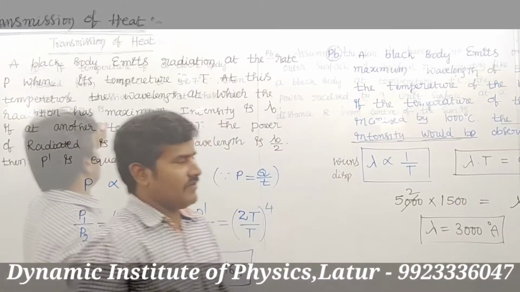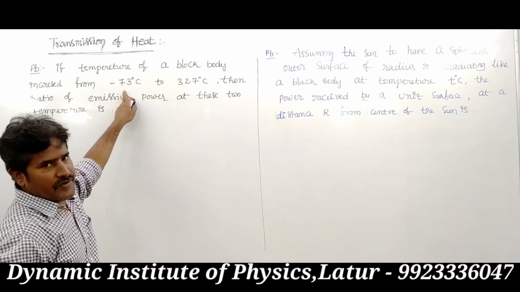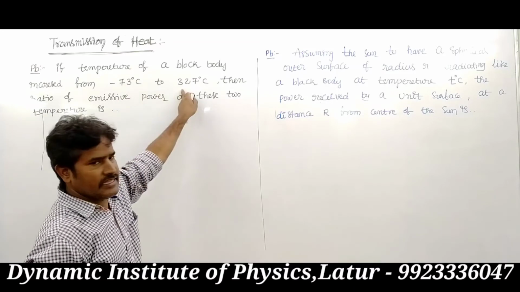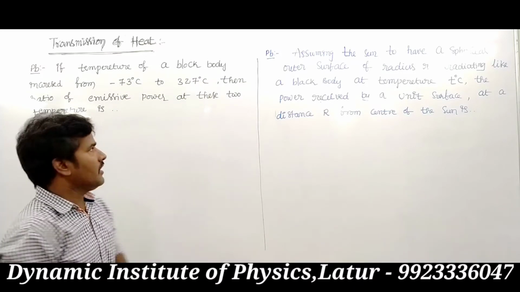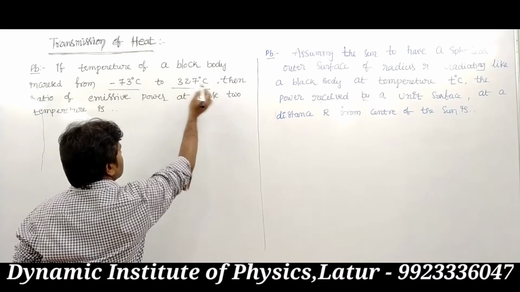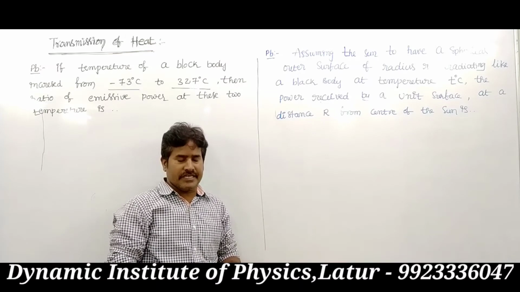Next problem: the temperature of a black body is increased from minus 73 degrees centigrade to 327 degrees centigrade.